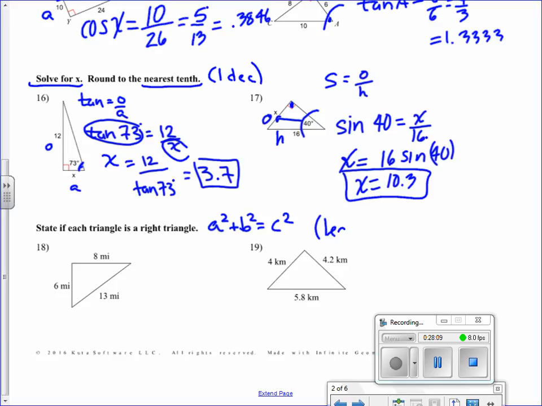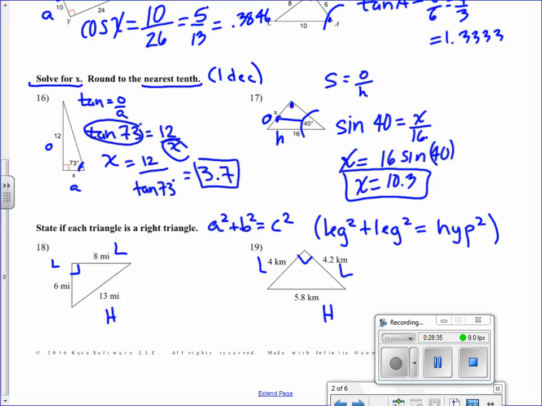Now remember, my way of writing a squared plus b squared equals c squared is leg squared plus leg squared equals hypotenuse squared. It doesn't matter which leg you use first as long as it's a leg. So this is a leg, this is a leg, this is the hypotenuse, and I know that because it's across from the right angle.